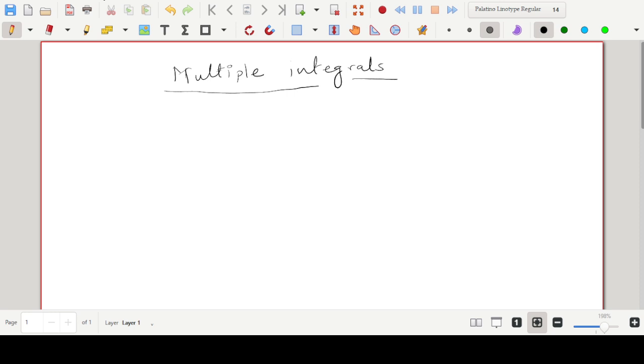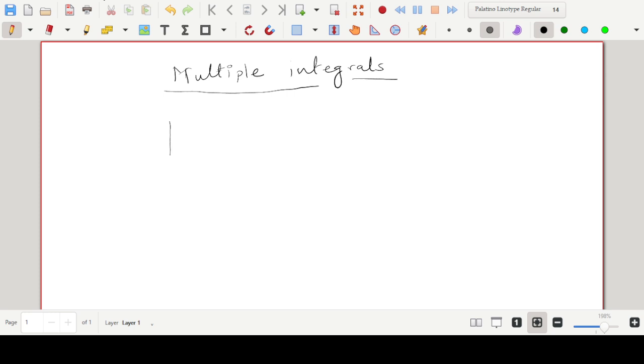So let us first recall what we learned. While learning multiple integrals, the knowledge of the integration of the functions of one variable is assumed. Okay, fine. But still we shall quickly recall some theoretical background of this integration of the function of single variable.